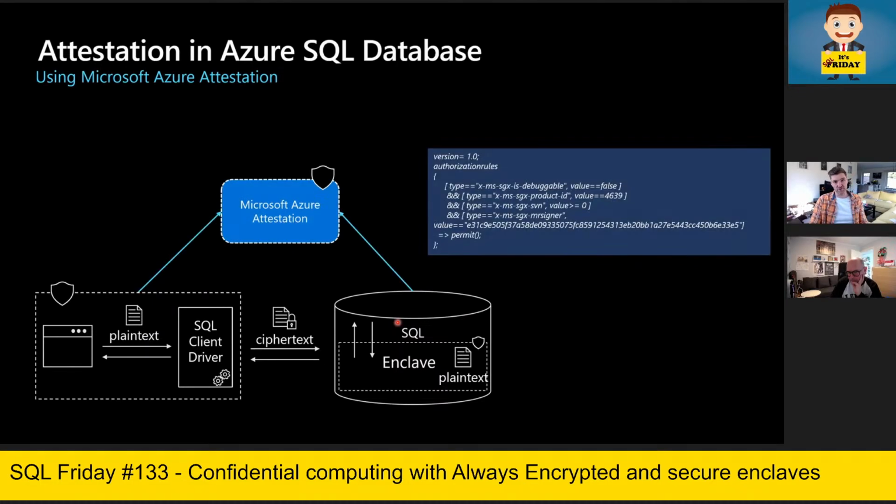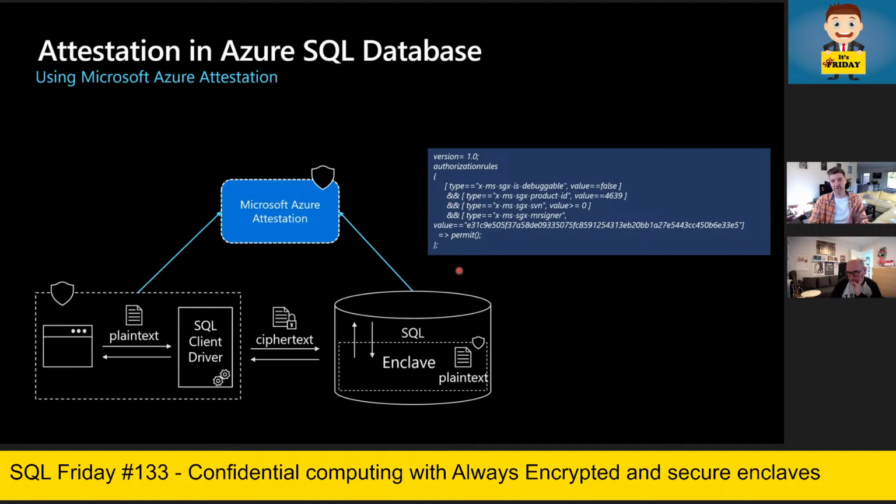So in Azure SQL Database, if you're using Intel SGX enclaves, you also need to use Microsoft Azure Attestation. It's a PaaS service where you have to configure an attestation policy, and inside that policy, you need to configure this specific rule.